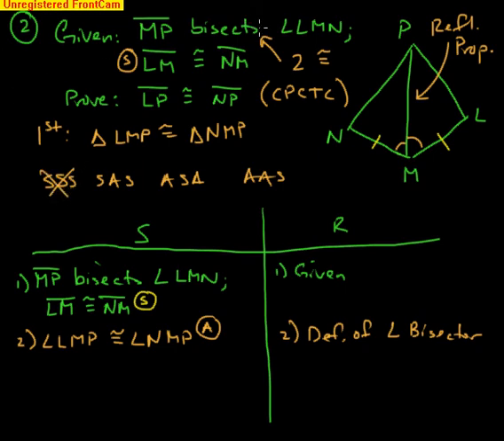Right? So now the question is, where is the other piece that we need going to come from? Oh, the reflexive property. It's shared by both. Segment MP is congruent to itself by the reflexive property.